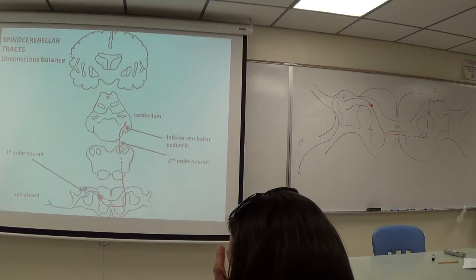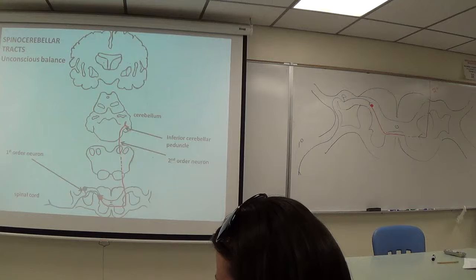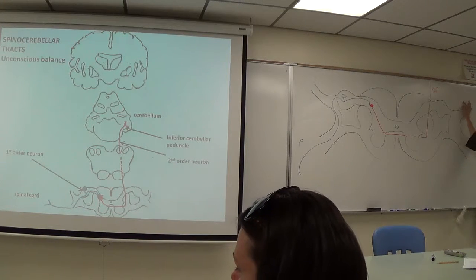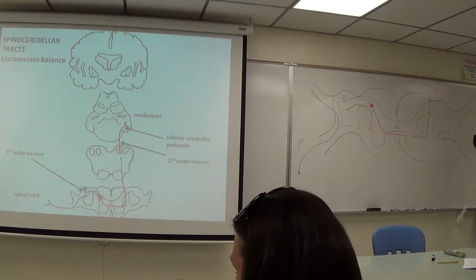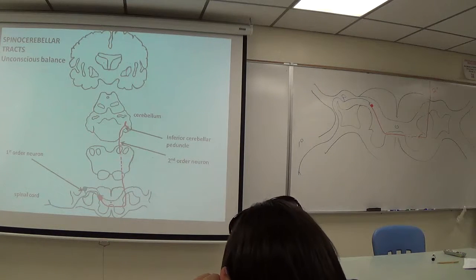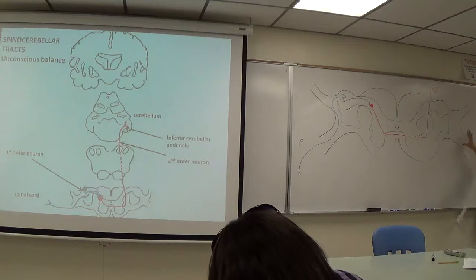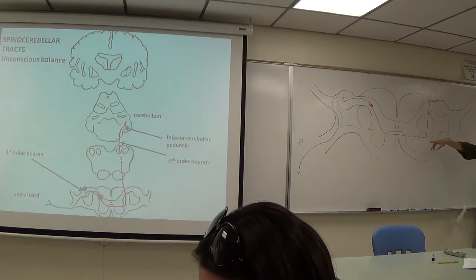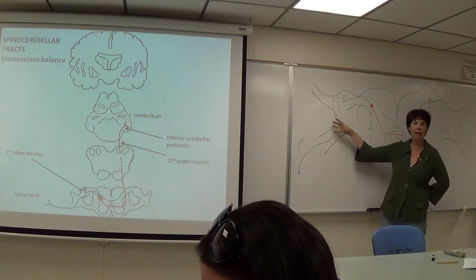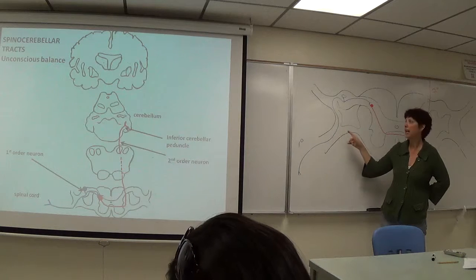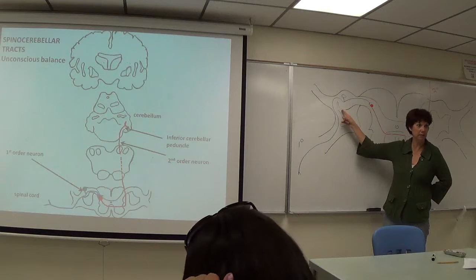All right, so make sure you understand the rules. The sensory always comes into the dorsal. It could be the dorsal ramus, but we don't really do much with the middle of our back, those 10 inches that go down the middle of our back. So hands and torso and lower extremities are always going to be ventral rami. Okay? So our first order neuron is always going to come in primarily through the ventral, and it's always going to go dorsal.